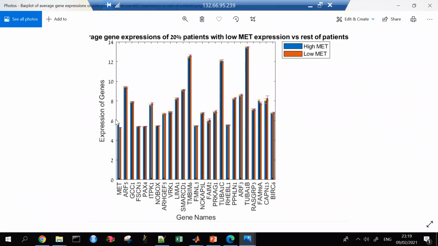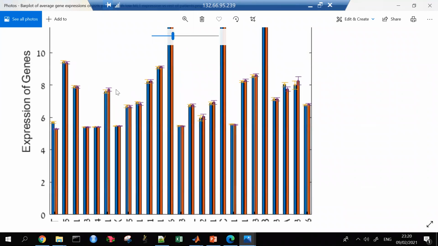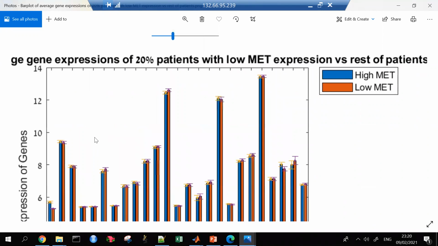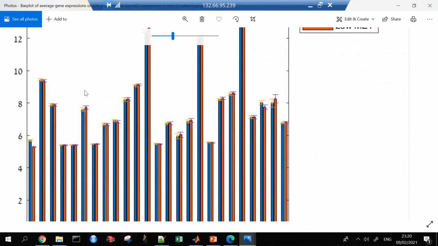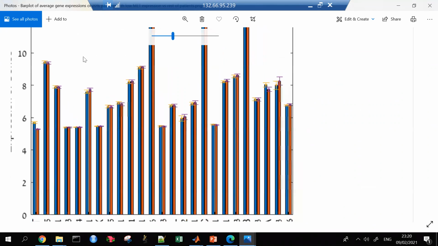Okay, and here we can see that there is a difference indeed in MET, but it isn't so clear with the other genes.